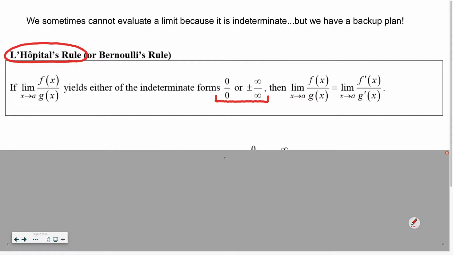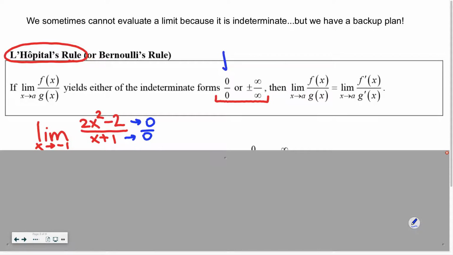For example, what was our limit from before? We had the limit as x approaches -1 of 2x squared minus 2 over x plus 1. If we plug in -1, our numerator goes to 0 and our denominator goes to 0.